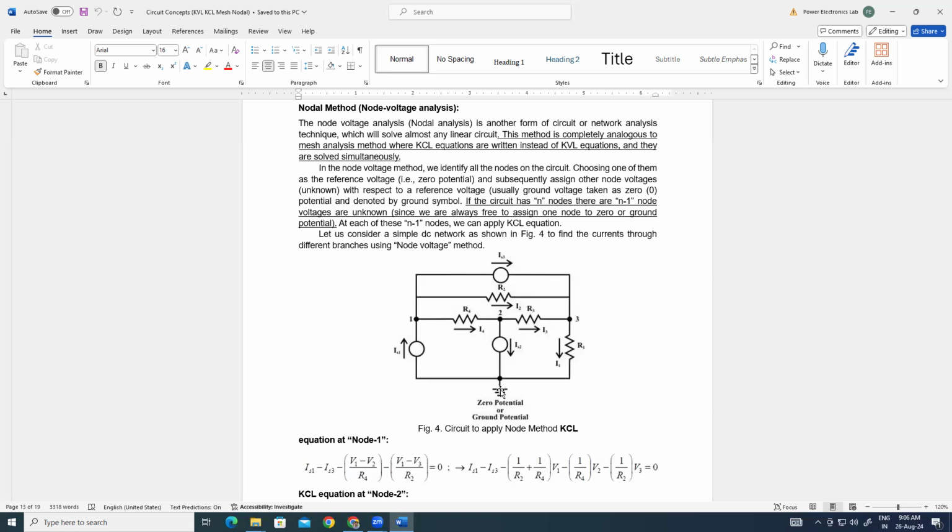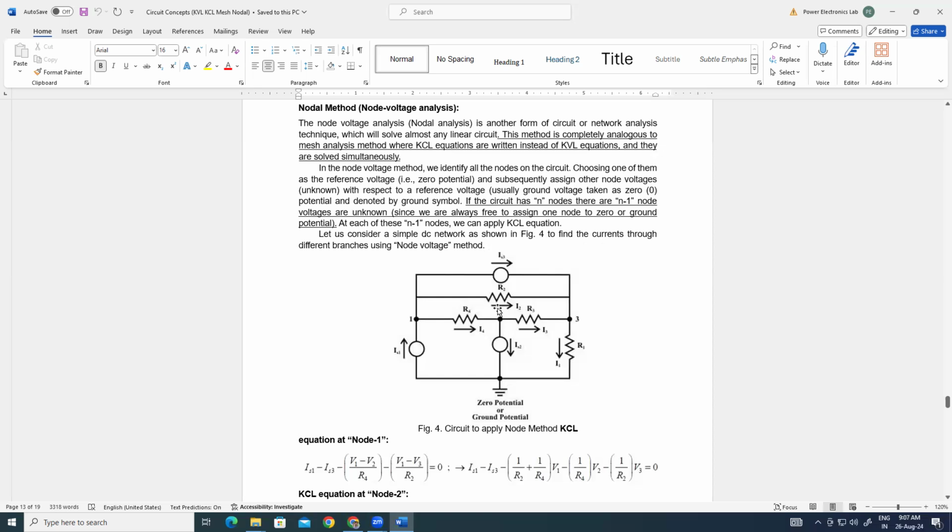The basic fundamental is that the reference node is the node from where the maximum number of branches are connected. In some cases, some nodes have the same number of branches connected, just like this node and this node.